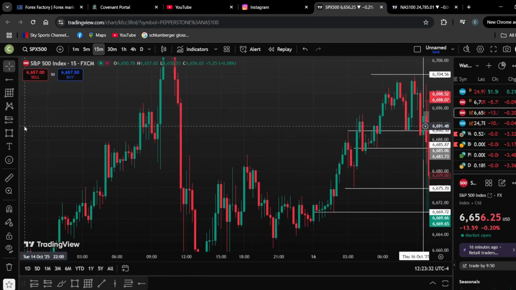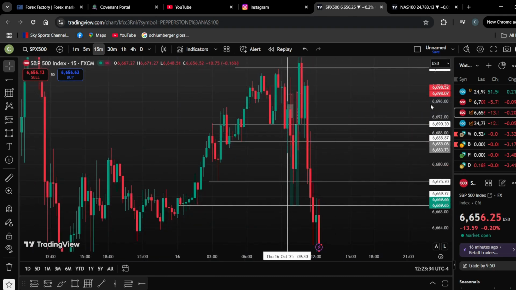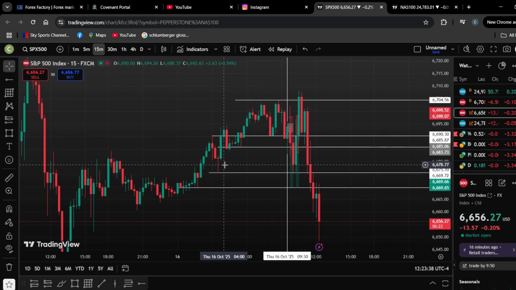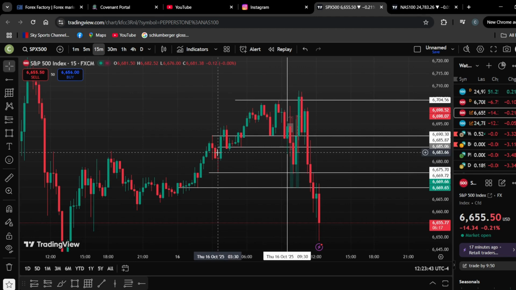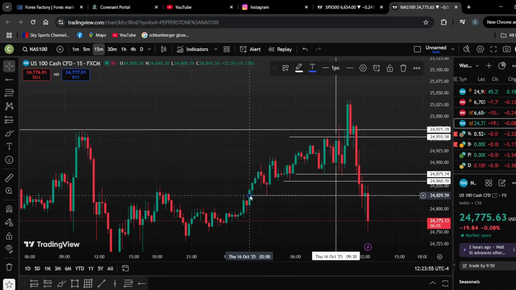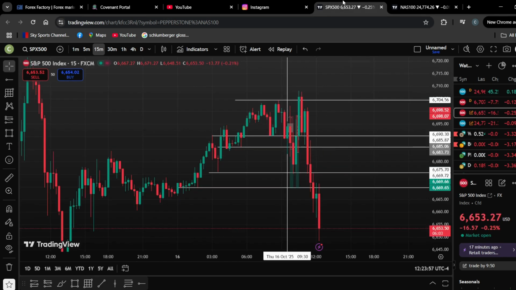But on 15-minute time frame again, just look at what the market is doing. We came down, we swept this low on SPS. This is 3:30, and we were not close to that on Nasdaq. This is the low on Nasdaq, which again made me put myself to break even because we are now forming another bullish SMT.